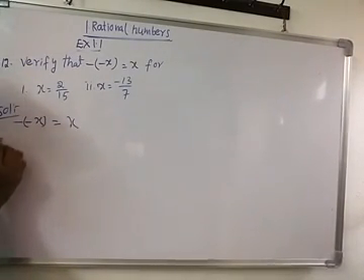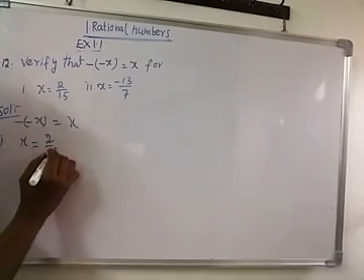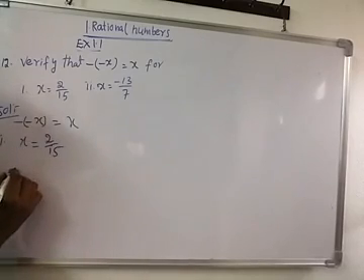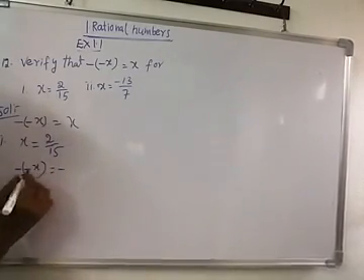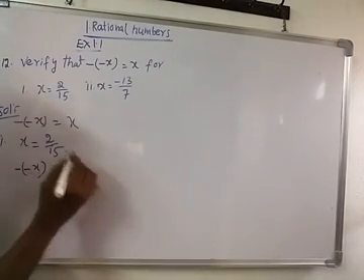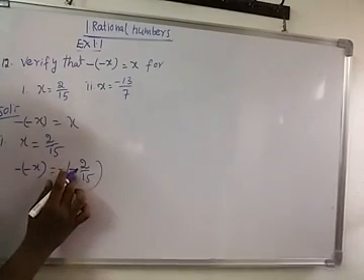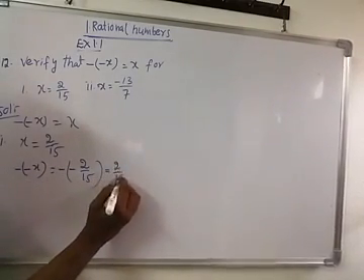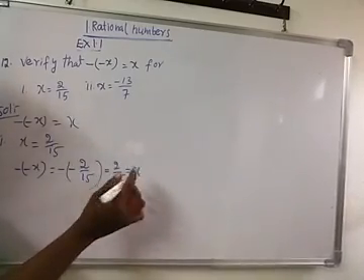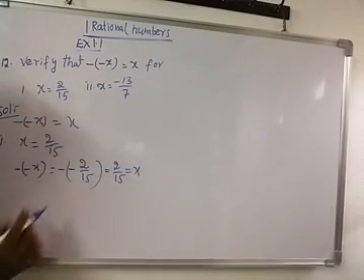First, we take x is equal to 2 by 15. Minus of minus x is minus of minus 2 by 15. Minus into minus is plus, so that equals 2 by 15. Is it equal to x? Yes, it is equal to x.